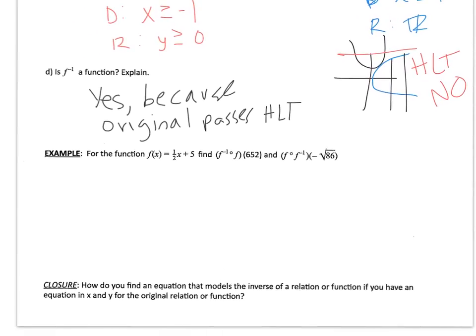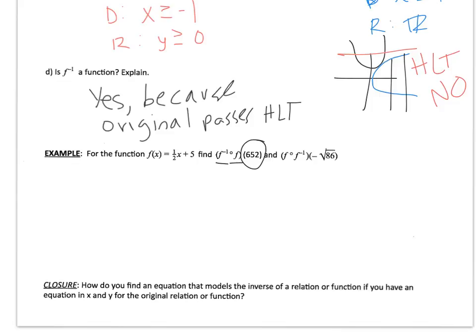And then at the end, for the function f of x equals 1/2 x plus 5, find f inverse of f of 652 and f inverse of f of negative the square root of 86. Okay, you don't have to do all this work, because if you are finding the inverse and then the original problem, then what you're doing is just going to end up with what you started with.